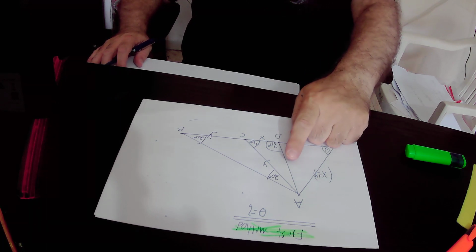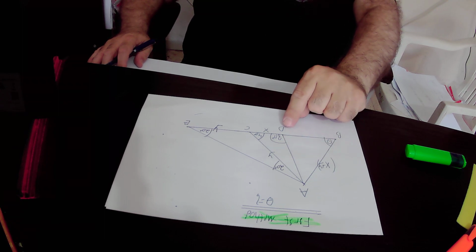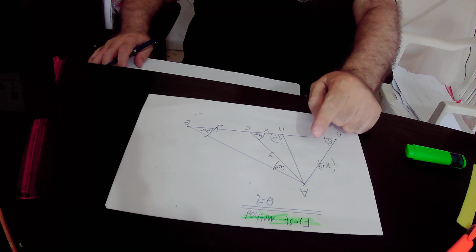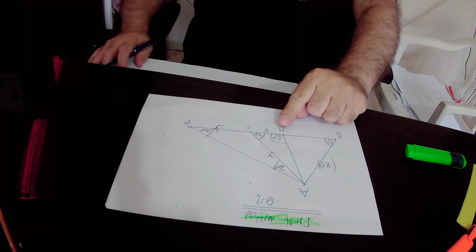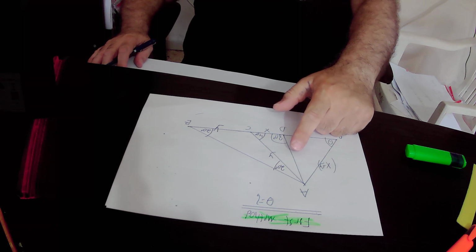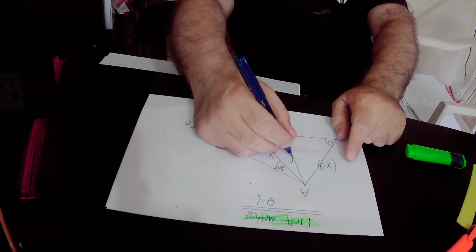So the third angle must be equal to 60 degrees in order to complete the sum of the angles in triangle ADC to 180 degrees, because 60 degrees plus 120 degrees is 180 degrees. So this angle must be equal to 60 degrees.